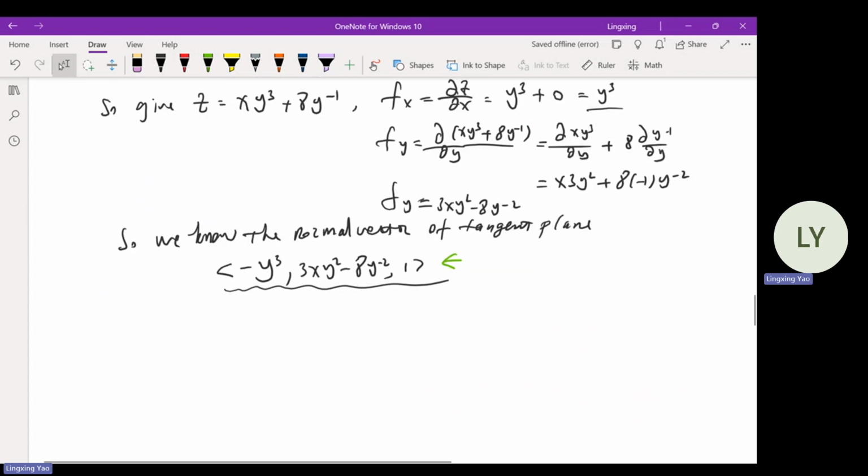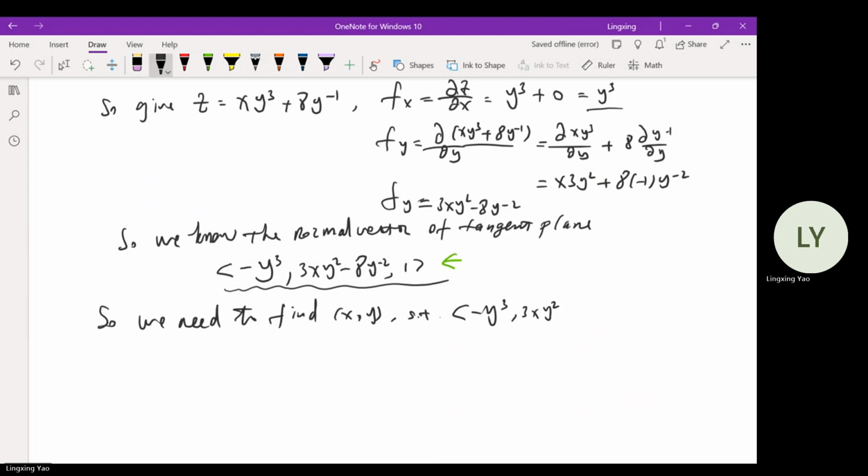Then what should we do? We need to find x and y such that it is parallel to this 2, 7, 2.